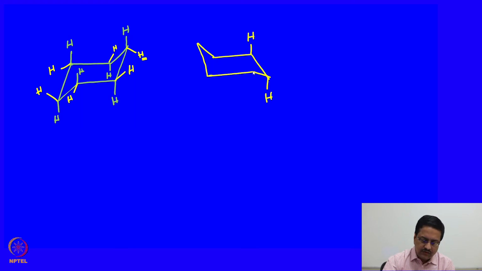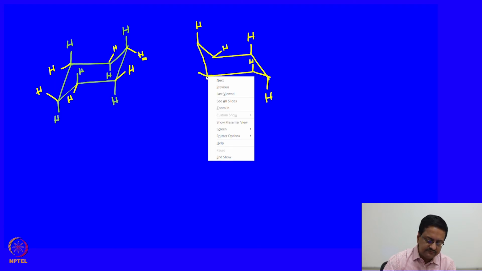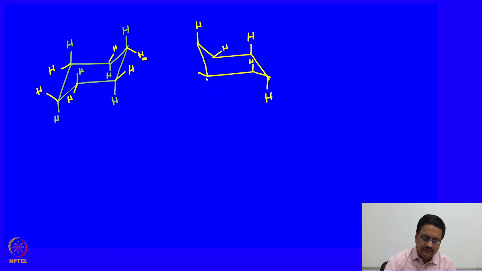Similarly, this hydrogen is axial up and this hydrogen is axial up, and here there should be one axial down hydrogen. So I have already drawn 6 hydrogens which were initially equatorial, but now they have become axial, and the axial hydrogens are now the corresponding equatorial hydrogens.